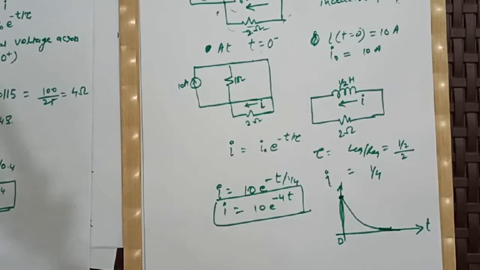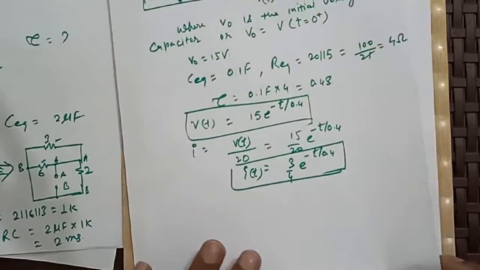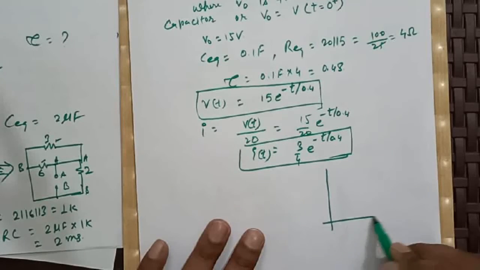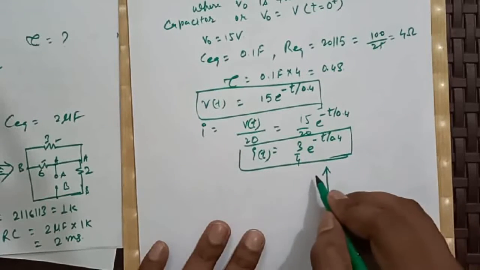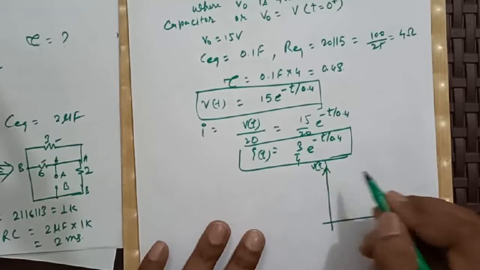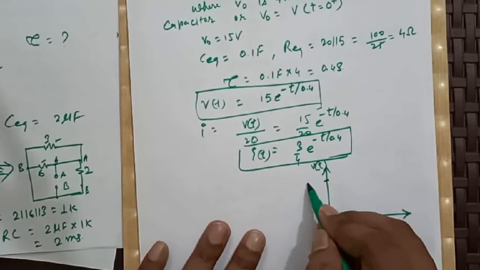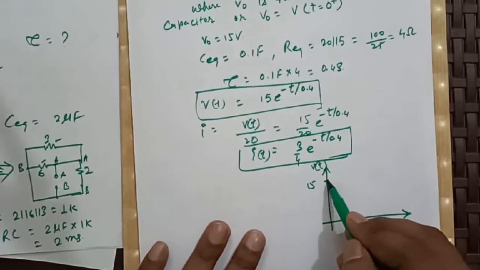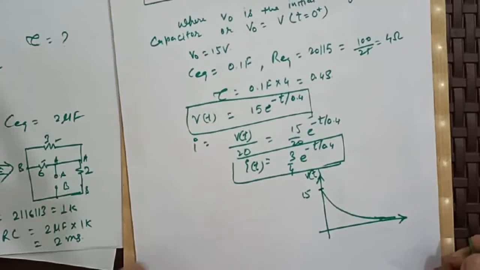In the previous example also, if we plot the graph, the voltage across the capacitor Vt will be 15, that is V naught, at time t equal to 0, and it will fall exponentially, right?